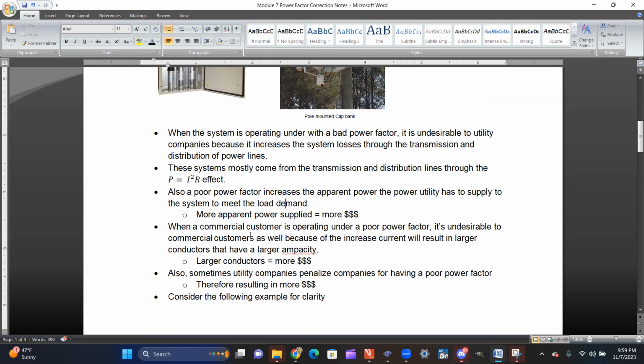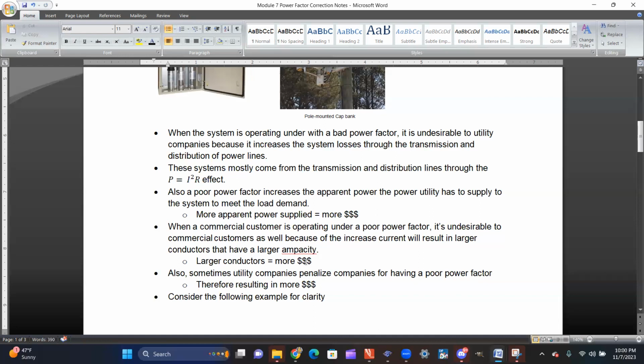Depending on what type of generation plant you're talking about, whatever energy source that plant is using, they have to use more energy to generate the same amount of power to do the work because of the poor power factor.